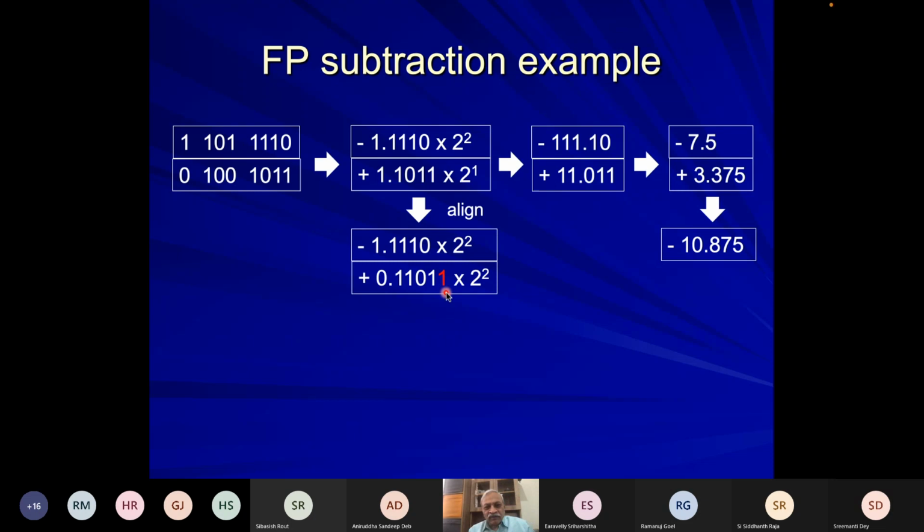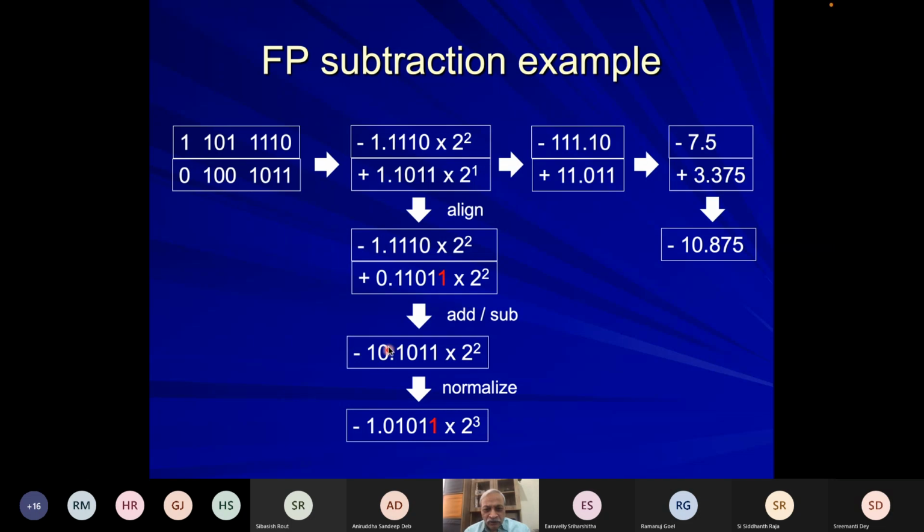It gets thrown away when you align these. But now the exponents are the same and we can perform the operation. So you do binary subtraction, and you'll get 10.1011. I'll leave it for you to verify. You may not be able to quickly see that, but that's what you get if you do binary subtraction.